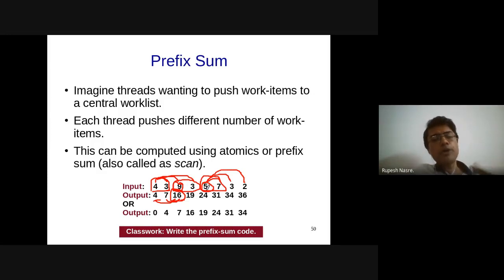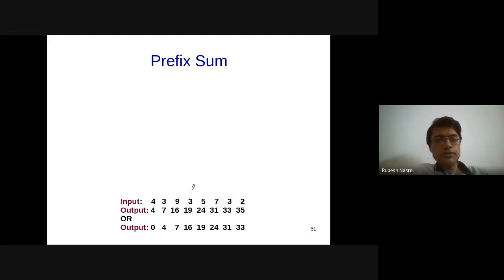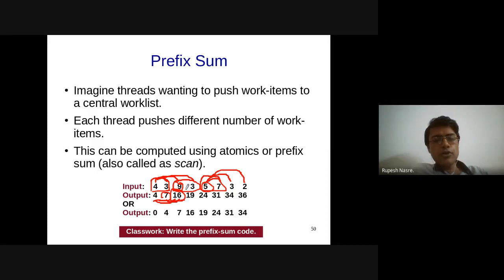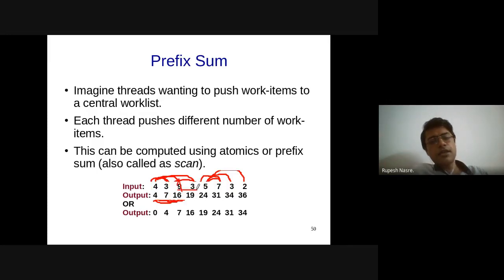So I'm going to compute cumulative sums together by partitioning them. But in the next step, I'm going to use, for example, in this case, this 12 value, which was computed using this 9 plus 3, in computing 19, right?